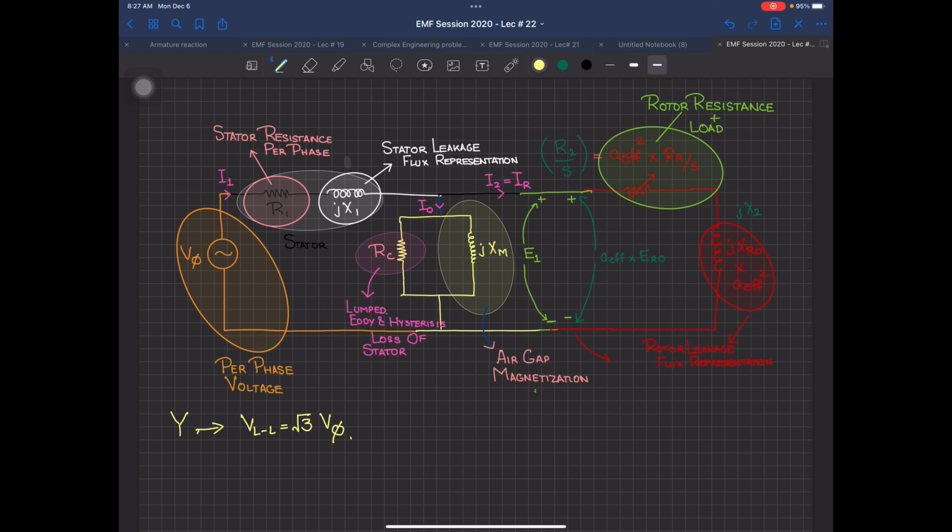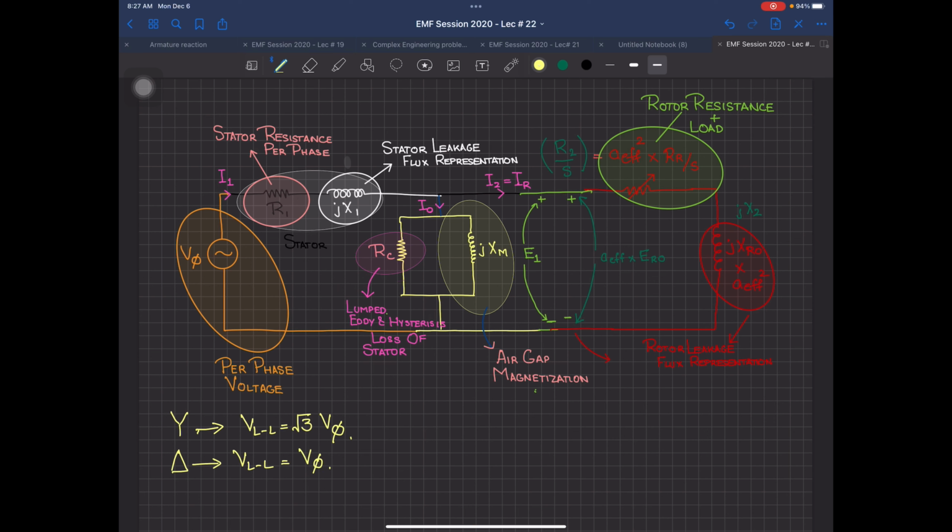I told you in the transformer part also that if for any three-phase device it is not mentioned whether it is line to line or phase voltage, then it is a universal law that it is a line to line voltage. Remember this. And if you have a delta connected machine, then line to line is the same as the phase voltage.